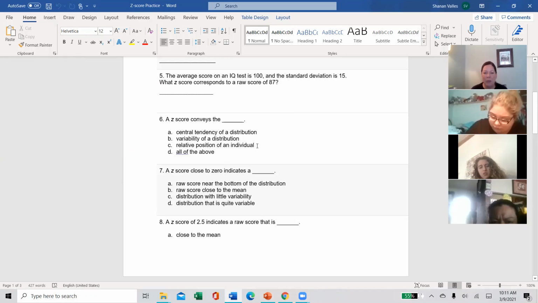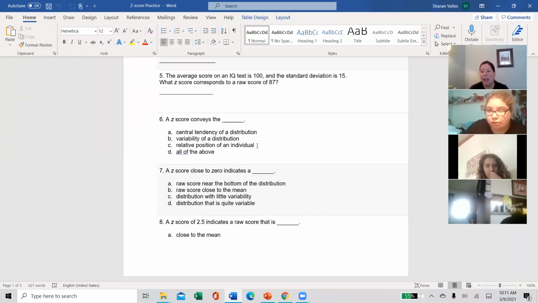And I don't really like those questions or the answer choices. Central tendency is your mean, median, and mode. The variability of a distribution, I could see that one getting confusing, and the only reason is that a z-score is standard deviation, right?